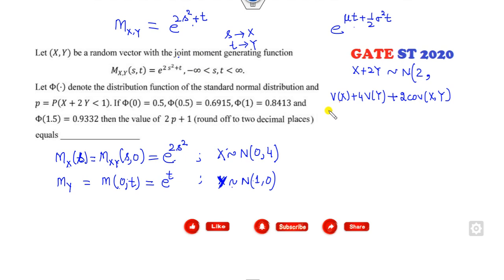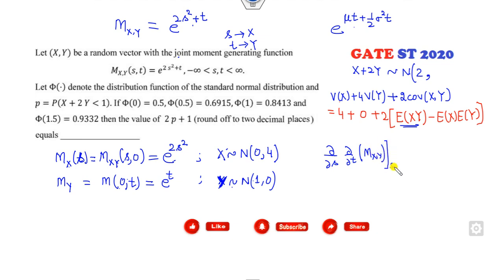The variance of X is 4. This will be my 0. How can you find the covariance? Expected value of XY minus expected value of X times expected value of Y. So how can you find the expected value of XY? Firstly, take the partial derivative of this moment generating function at s equal to 0, t equal to 0.